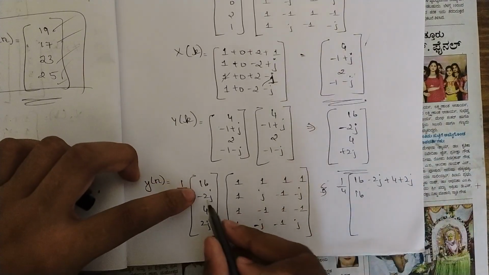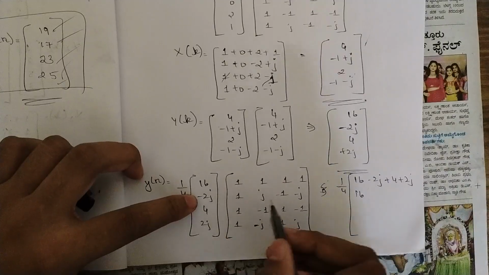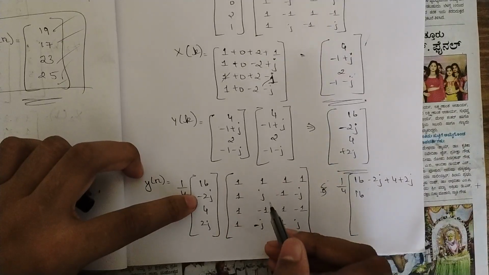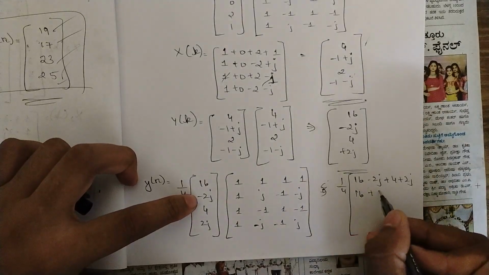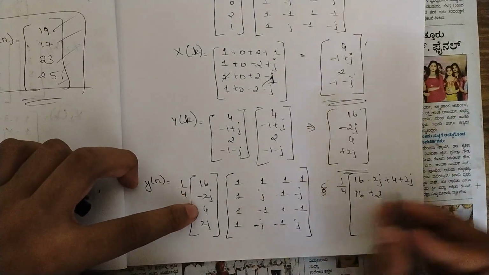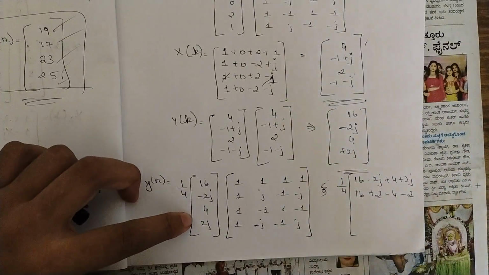16 minus 2j into j, so minus 2j square, so j square is minus 1, so that is plus 2, minus 4, minus 2.